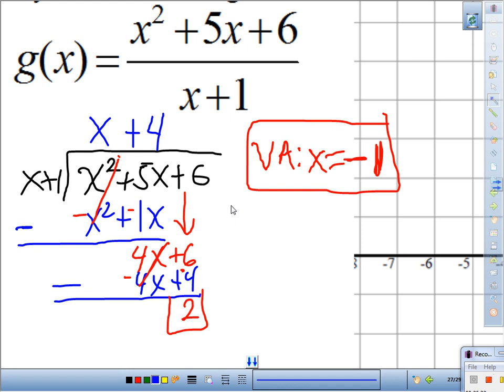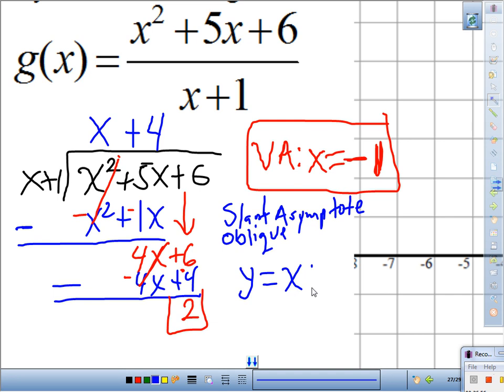This is what we call a slant asymptote, or in other words, an oblique asymptote. And how do I write it? Check this out. y equals x plus 4. Copy that, and I'll show you how that looks.